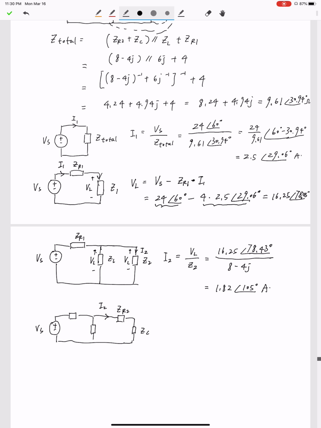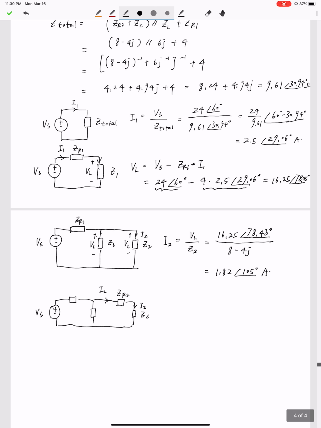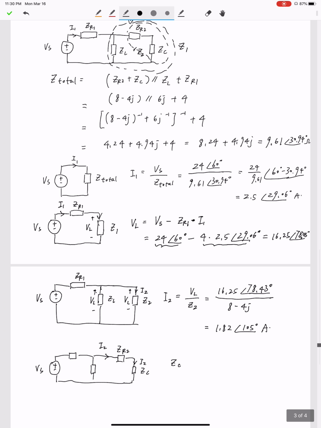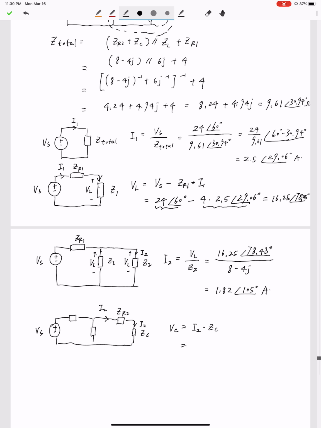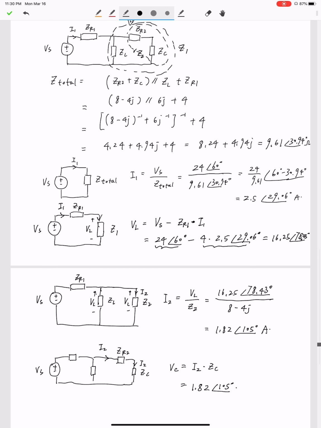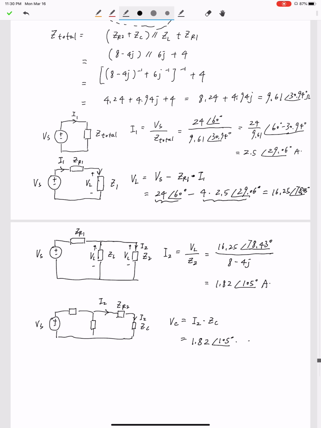The current flowing through ZR2 is the same current flowing through ZC because they are connected in series. So the voltage on ZC, VC, equals I2 times ZC, which is 1.82∠15 degrees times minus 4j ohms.